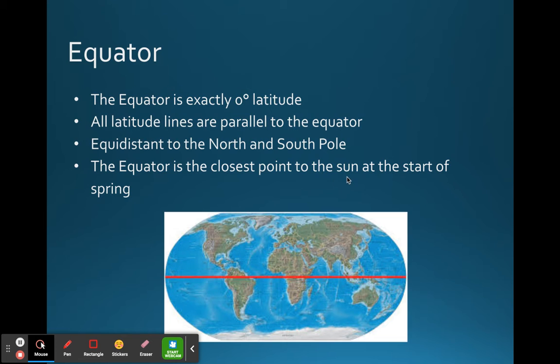And as we know, the equator is the closest point to the sun at the start of spring and fall. That's the day where we have exactly 12 hours of day and 12 hours of night, because those are the equinoxes.